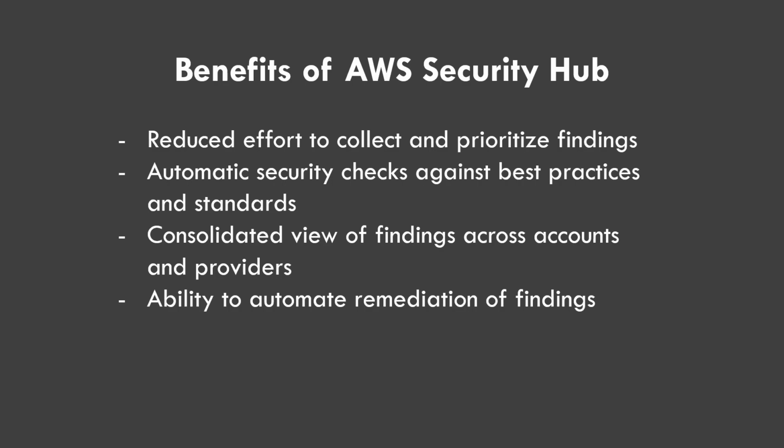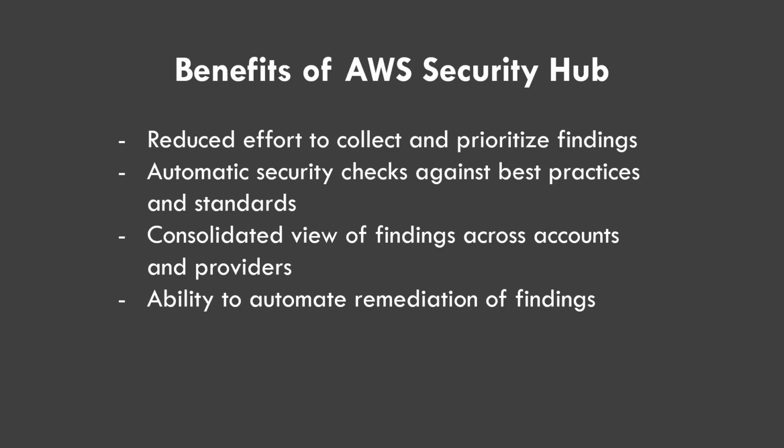So the second benefit is automatic security checks against best practices and standards. So Security Hub follows industry-based best practices in terms of security. It covers your CIS benchmark, PCI compliance, and HIPAA compliance as well.